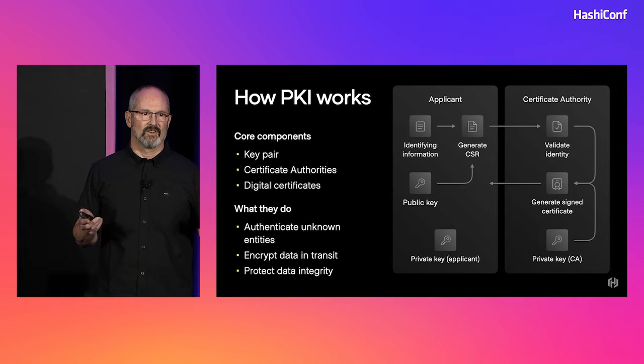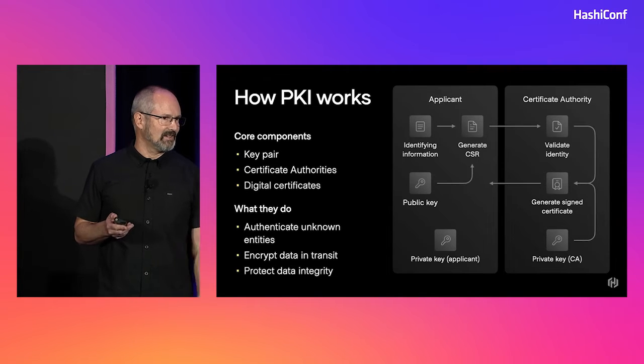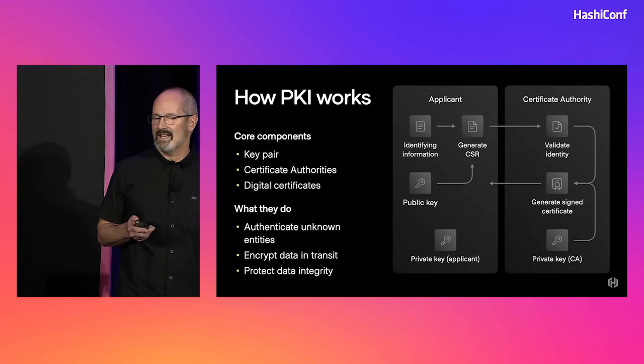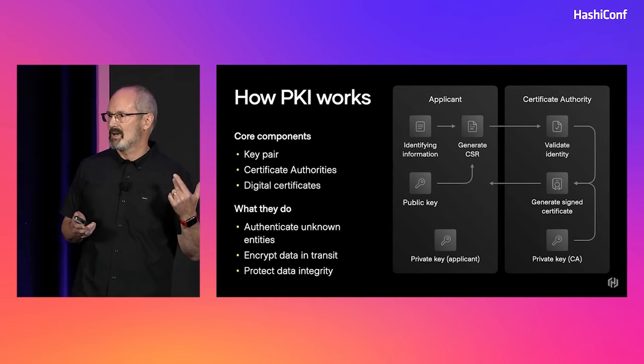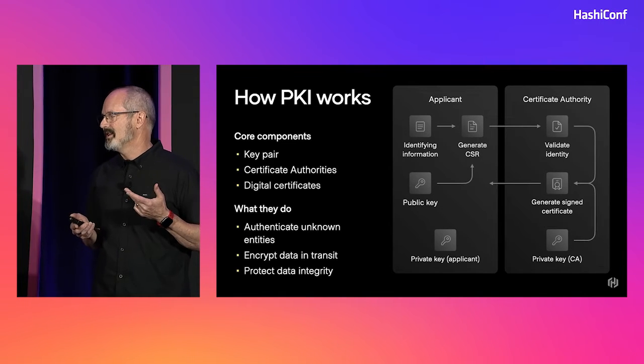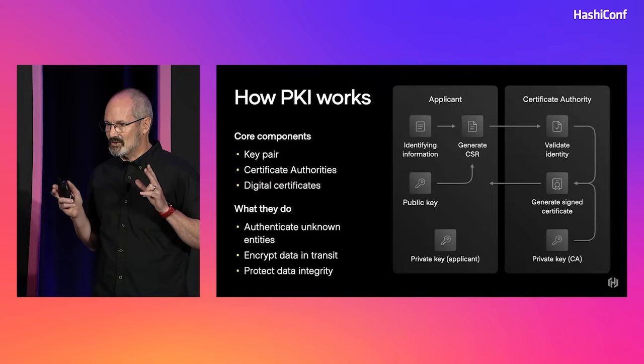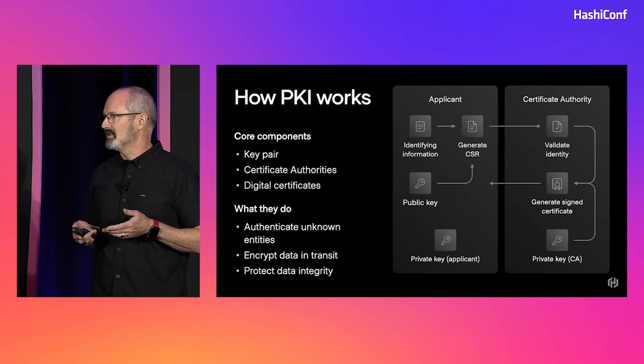Like I mentioned earlier, what that might look like is you open your browser and you're trying to go to a website, you get a certificate back, it has public key information and other stuff, and then you check your local trust store using that chain of trust to see: is this a trusted root CA?